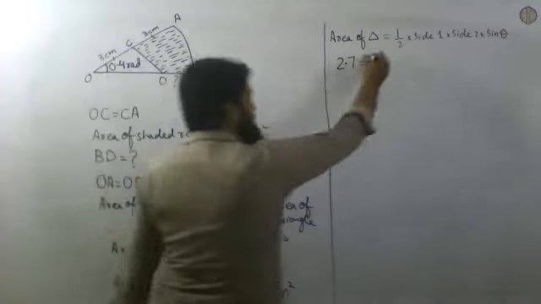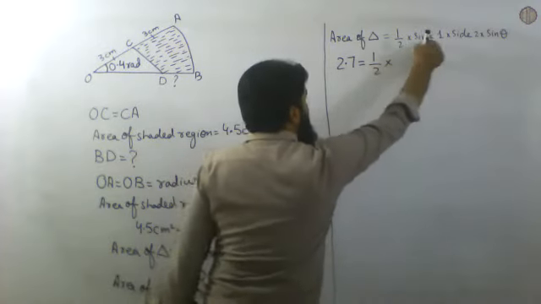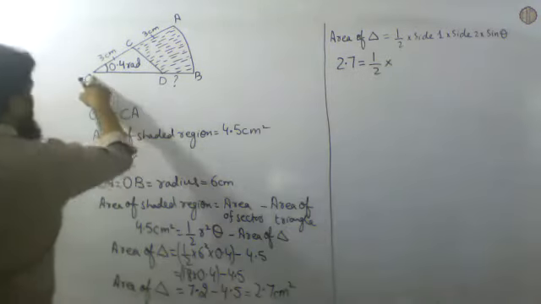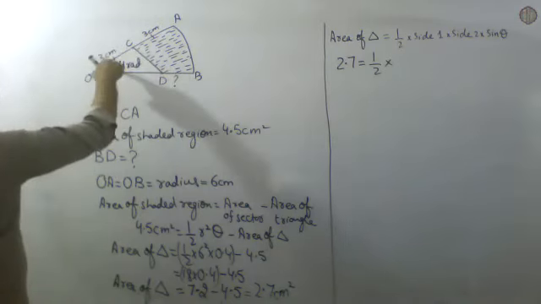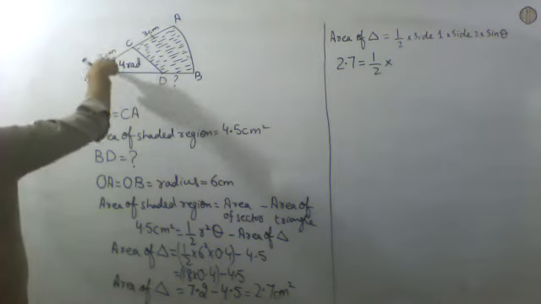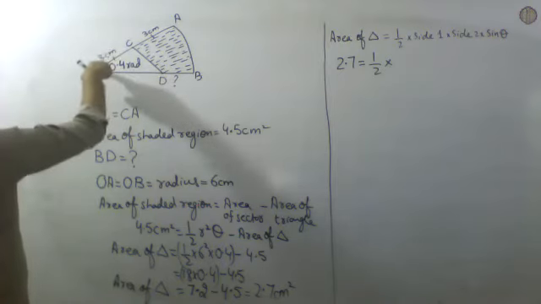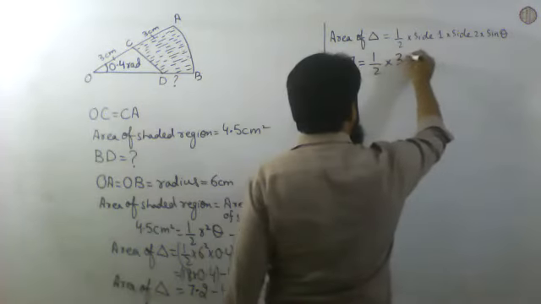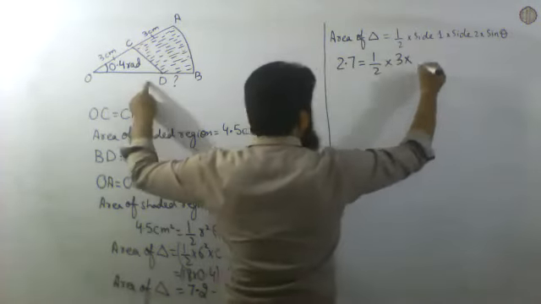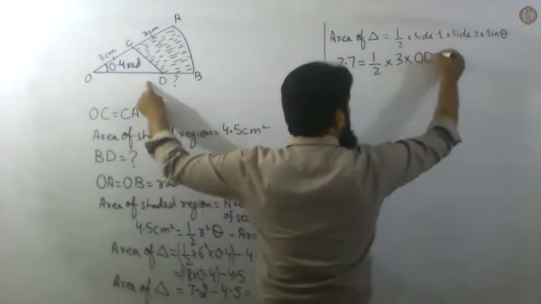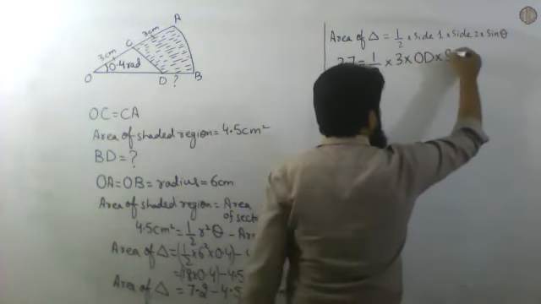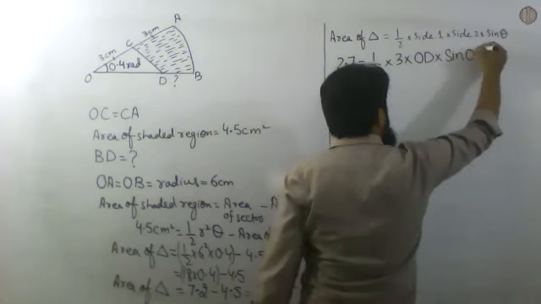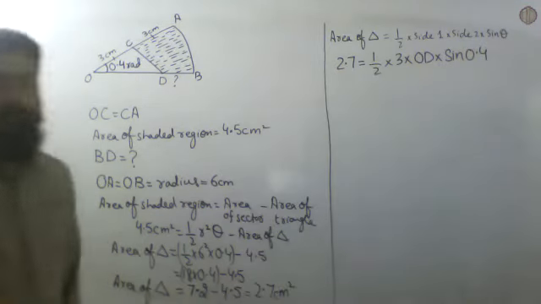Half will remain as it is. Side 1, I can take as OC because this is the inclusive angle. Inclusive angle means these two sides are making this angle. So first of all 3 centimeter into OD multiplied by sine of 0.4.